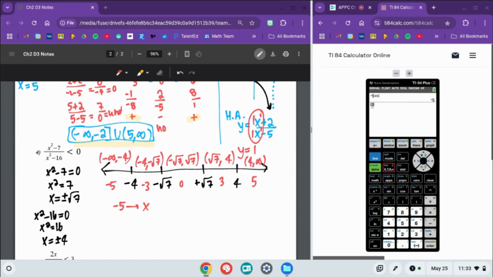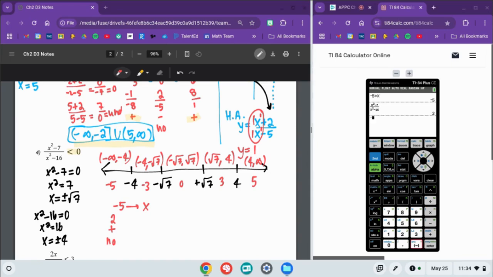So I've got x squared minus 7 over x squared minus 16. All right, so I'm going to hit enter, and that gives me +2. So 2 is positive. What am I looking for in this problem? I want less than 0, so that would be a no, not part of my solution set.